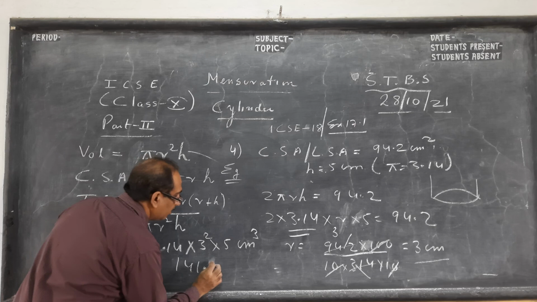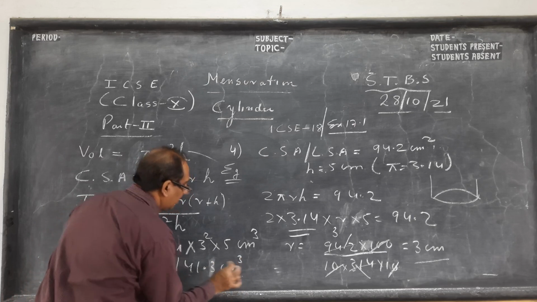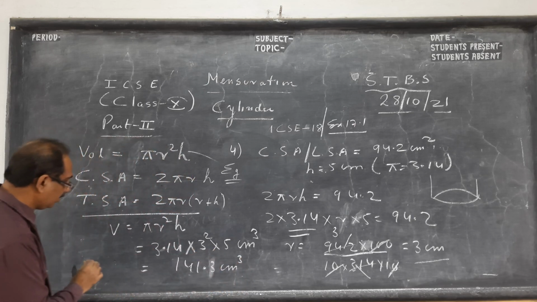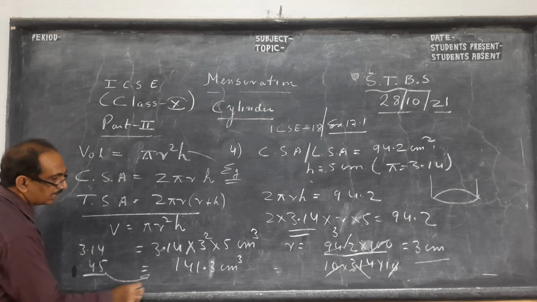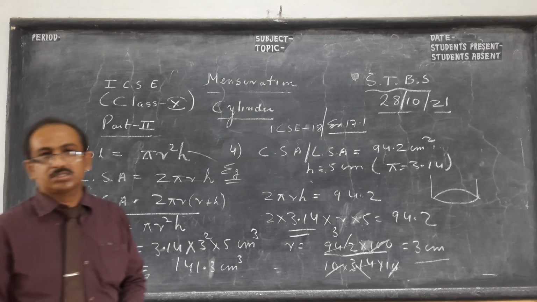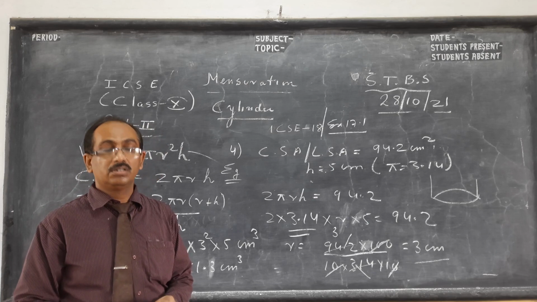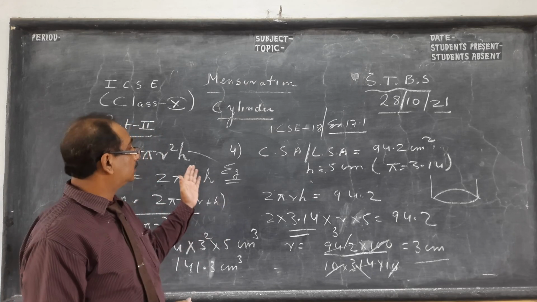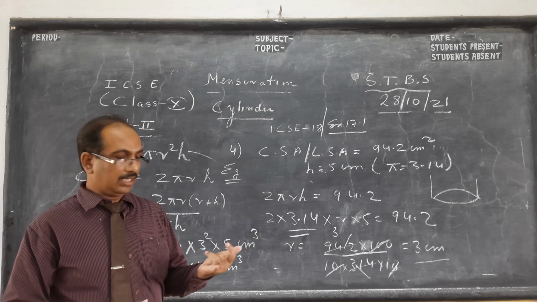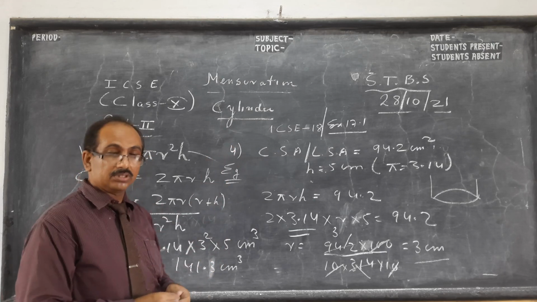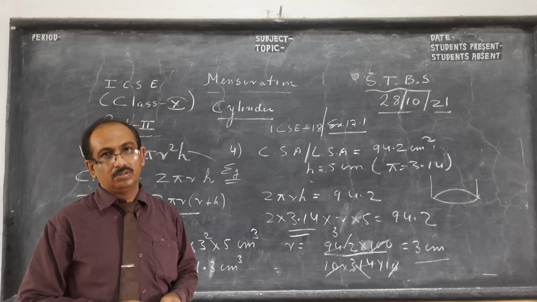So this you can do: multiplication, 9 fives are 45, multiply 3.14 with 45, you will get this answer. So this was a basic question on your cylinder. Next class we will either take more or do more difficult questions on cylinder. Thank you for watching this video.